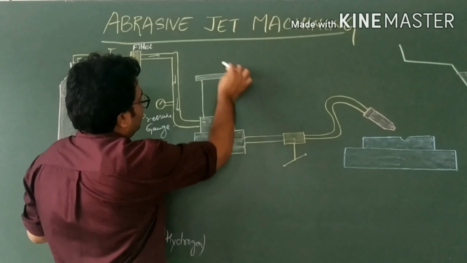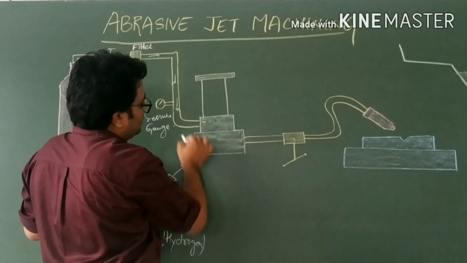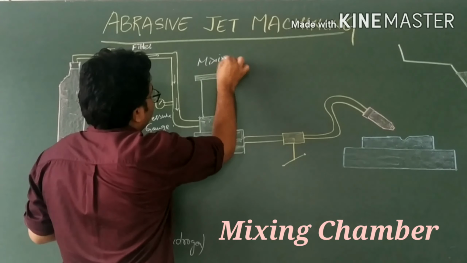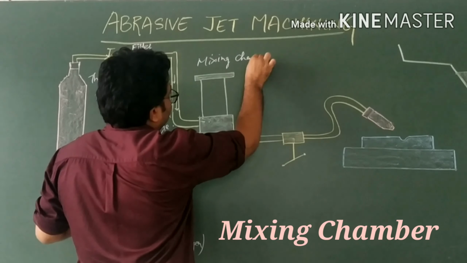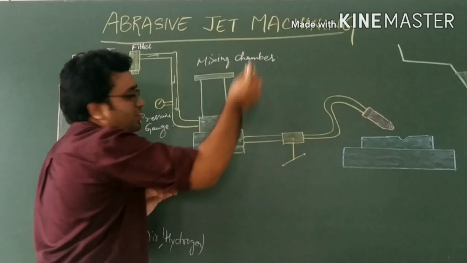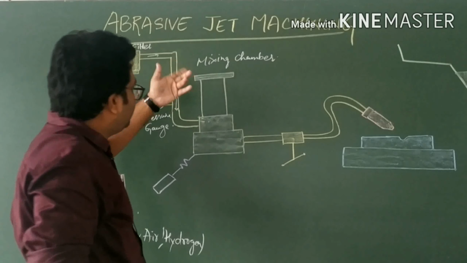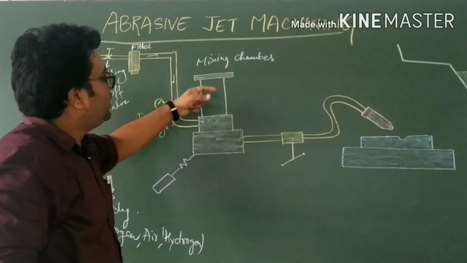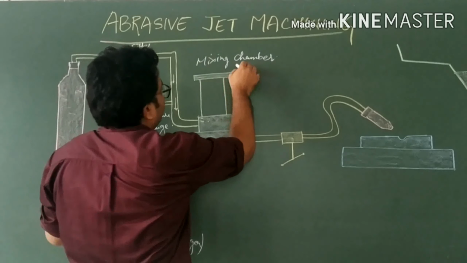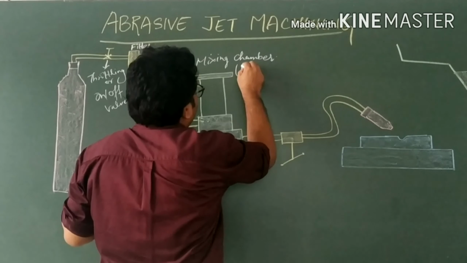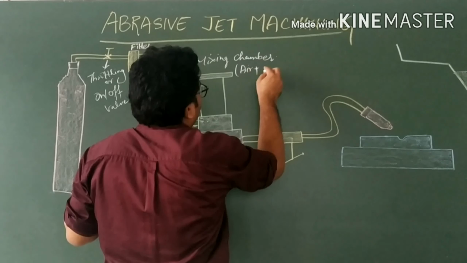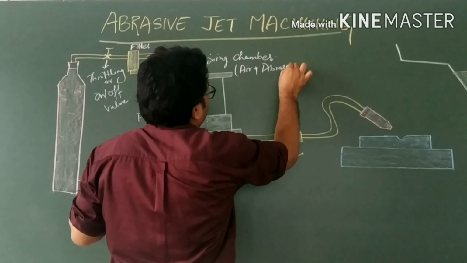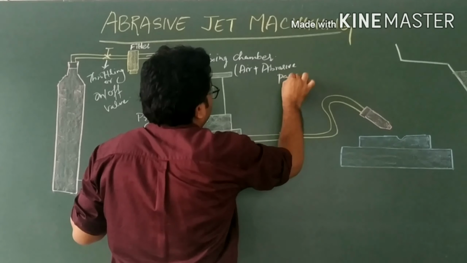This box which you see here is called the mixing chamber. It is called the mixing chamber because it mixes the air with the abrasive particles. The main function of the mixing chamber is to mix air plus abrasive particles.